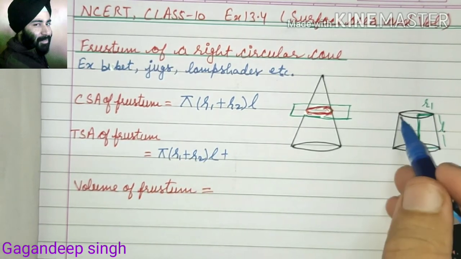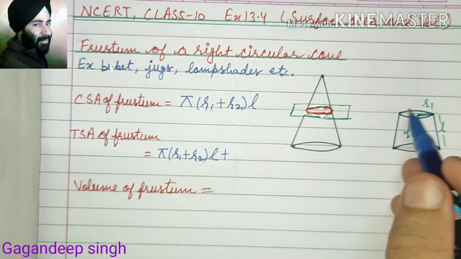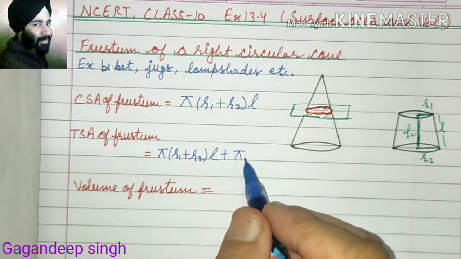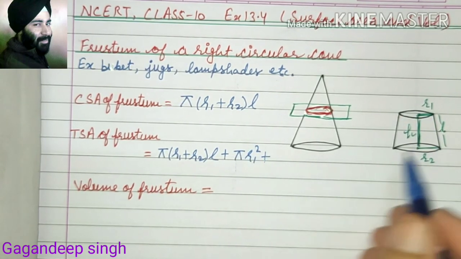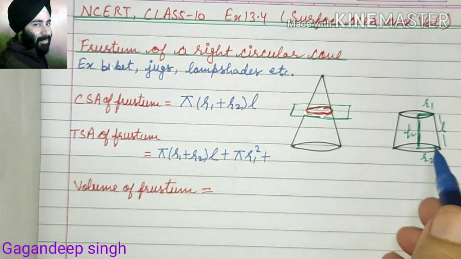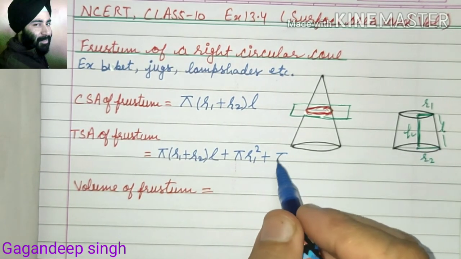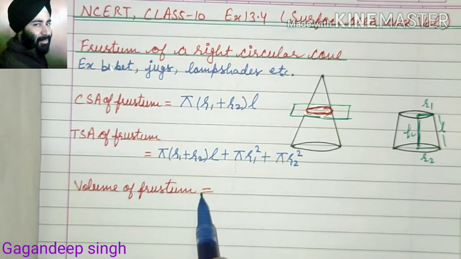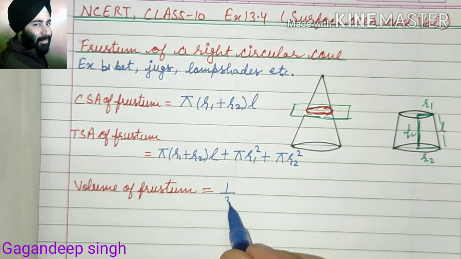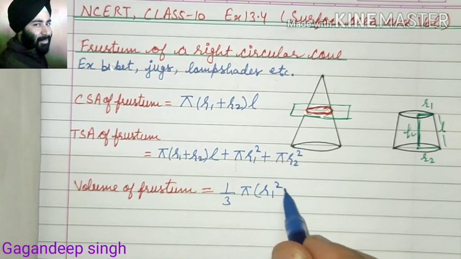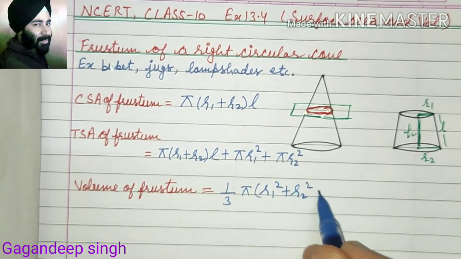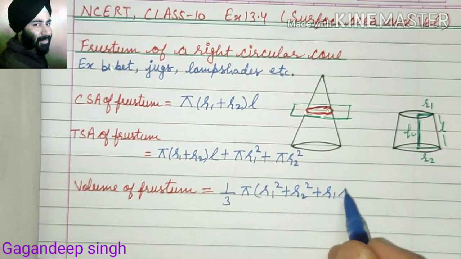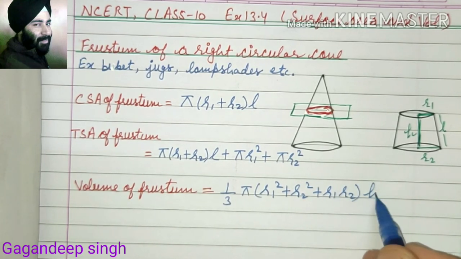Now its top area, the shape of top is circle and area of circle is pi r square. Similarly, base is in the shape of circle and area of circle is pi r square. Now volume of frustum is 1/3 pi (r1 square plus r2 square plus r1 r2) into h.